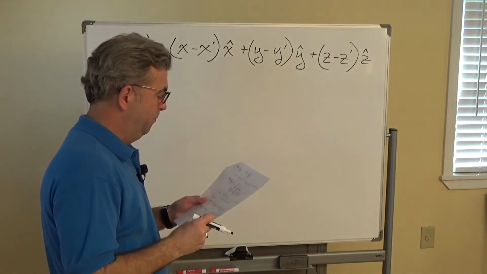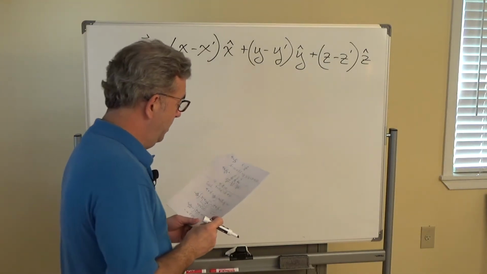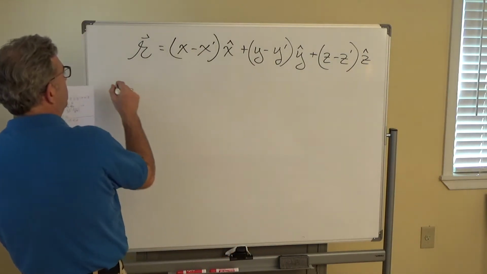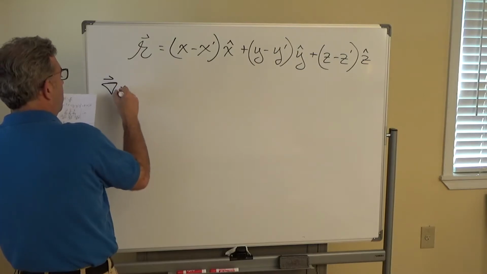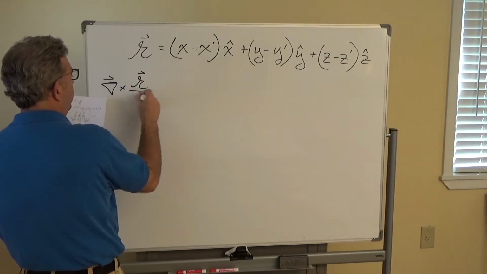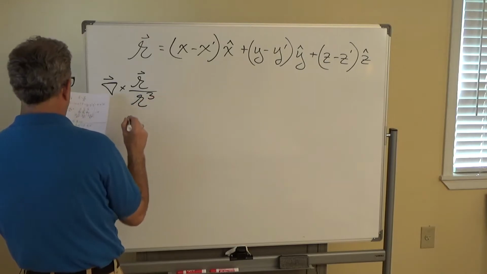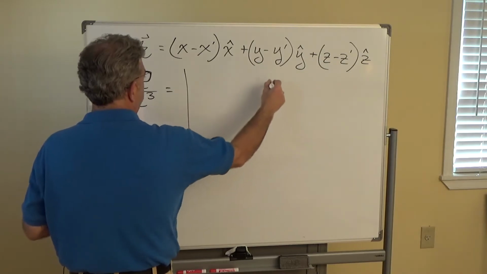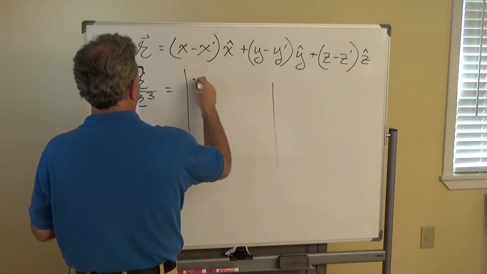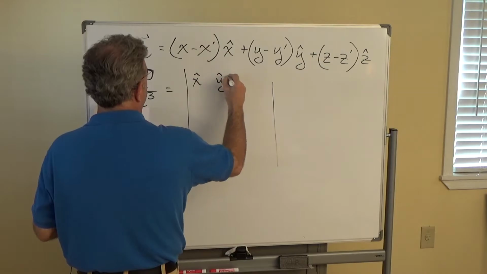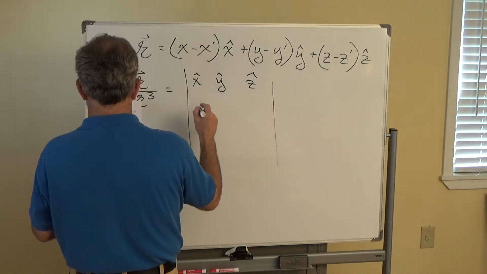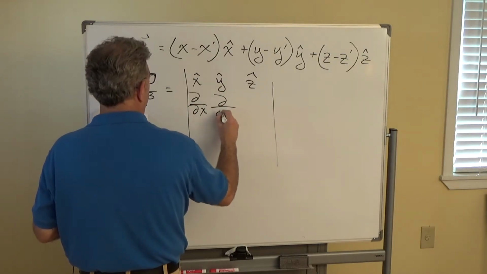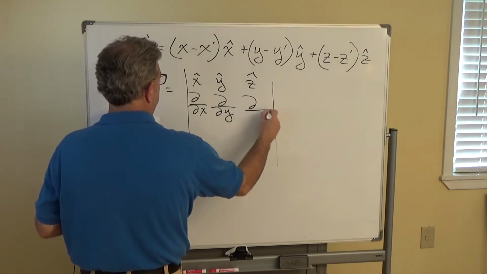So if we take a look at del cross script r vector over r cubed, I'll do it this way: you get x hat, y hat, z hat, and then d dx, d dy, d dz.